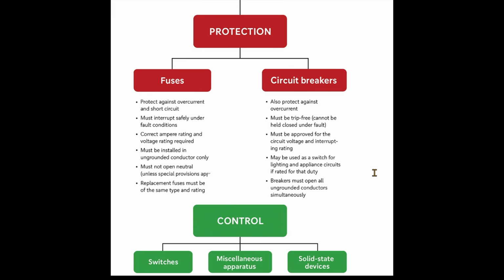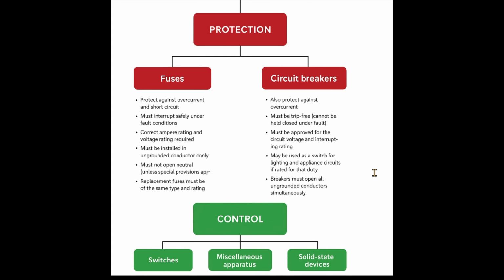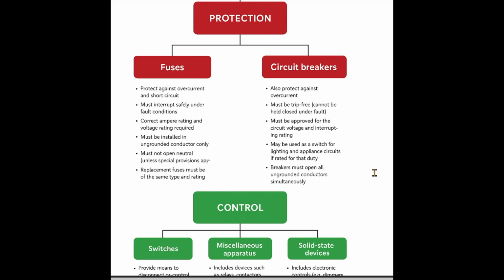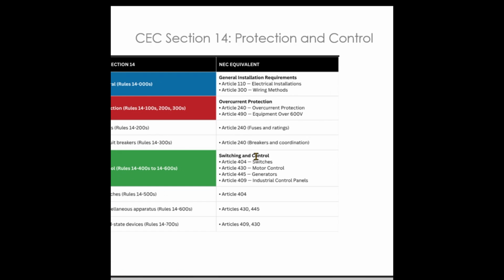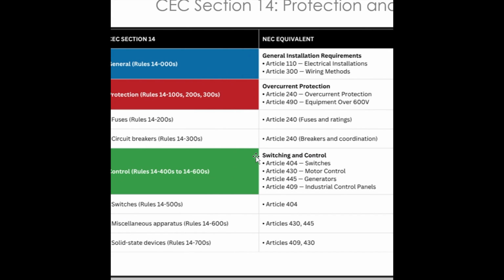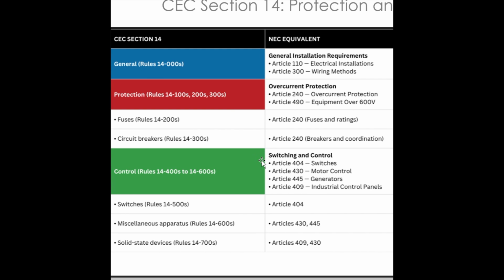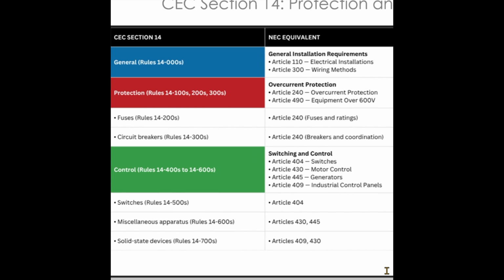That's why the code dedicates an entire section, Section 14 in the Canadian Electrical Code, to this. In the National Electrical Code, it's also prevalent across that code in general. So let's look at the National Code equivalent and the Canadian Electrical Code equivalent of protection and control.